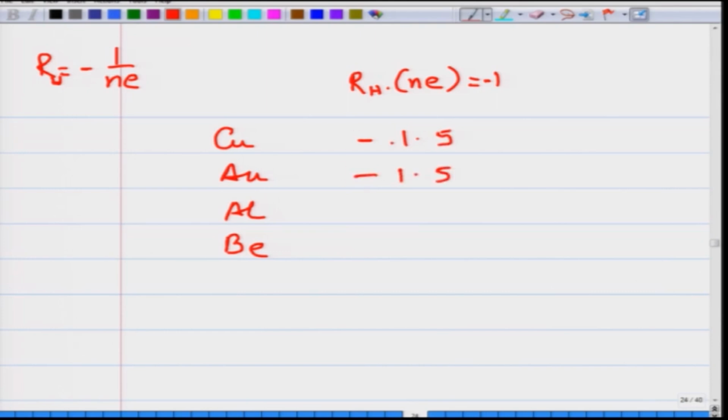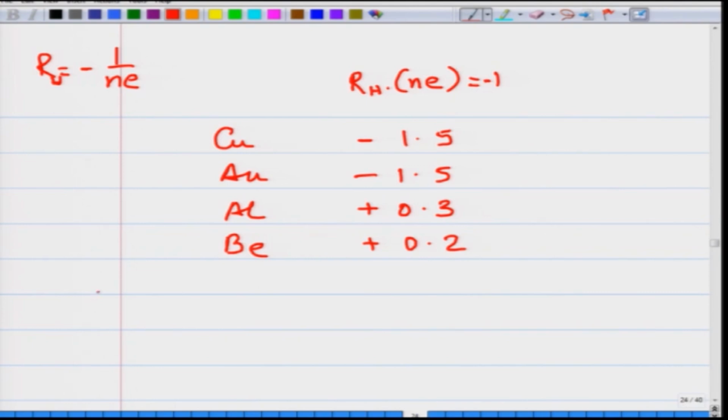So, the sign is all right, but when you go to aluminum, suddenly there is a sign change. It goes to plus, and if you take beryllium, it goes to plus 0.2. So, something very strange has happened. From a minus sign, the Hall coefficient has changed sign.